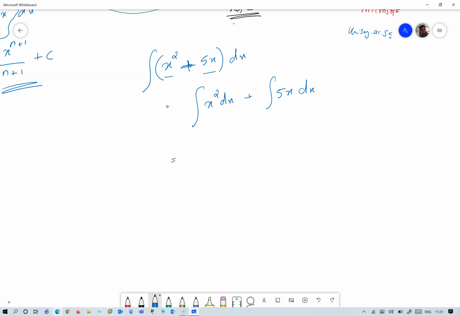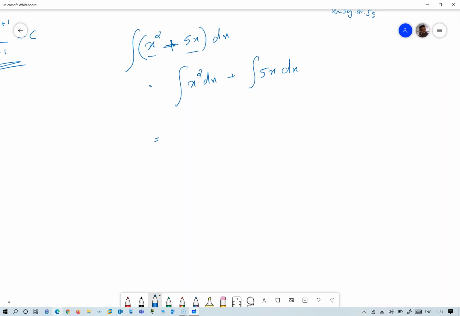Now you could apply the formula here, and that will be x to the power 2 plus 1 over 2 plus 1 plus, maybe I can add an additional step here, separating the constant: 5 integral x dx, and the next step we're going to integrate this one. And remember, once you integrate, you need to remove this integration symbol.